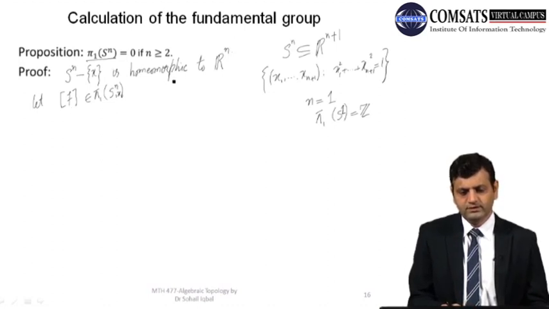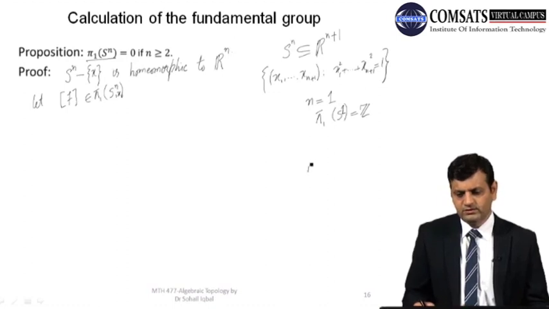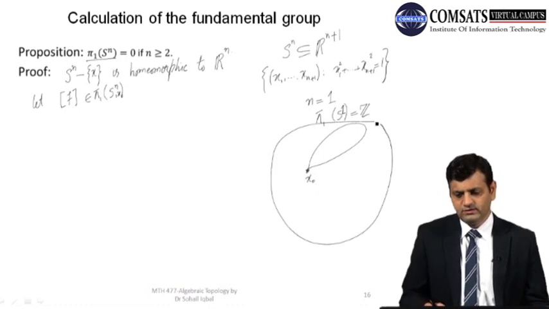So the strategy is very simple. If this f is a loop based at x naught inside this sphere, let's say this is Sn, and if I can show that this path does not pass through this point x, which is the fixed point of the sphere, then this loop f is not just inside Sn, but also inside Sn minus x, because it doesn't pass through x.